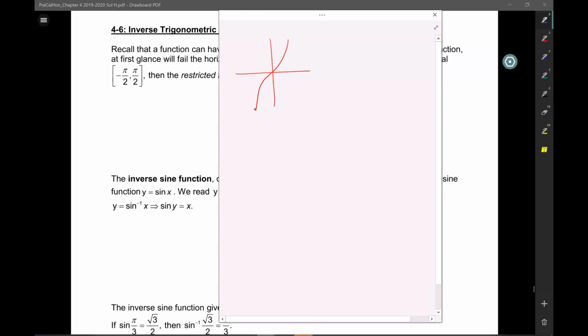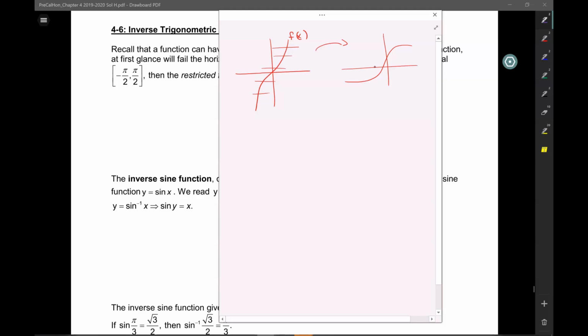If this is f of x, we say that if f of x passes the horizontal line test, then its inverse will be a function. Meaning, if I draw a series of horizontal lines, and each of these lines crosses the graph only once, then its inverse will be a function. In fact, if I draw the inverse of this, it will look like this.